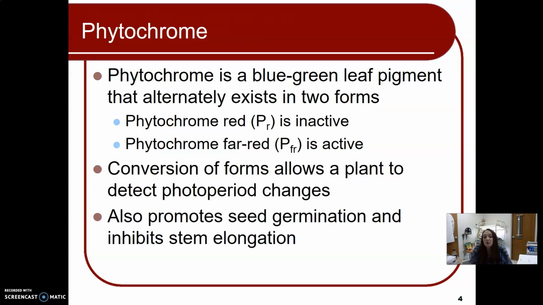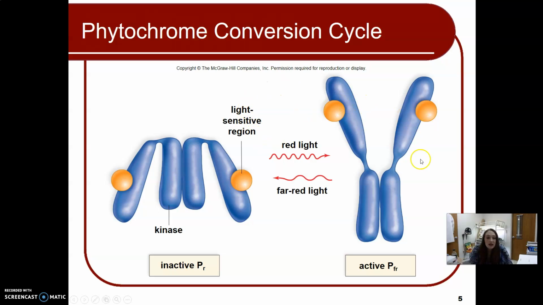It can also promote seed germination and stop stem elongation. Here we have the inactive form PR. In this case, the light-sensitive region is found down here, and the active form, PFR, is found over here. So what happens is these move.